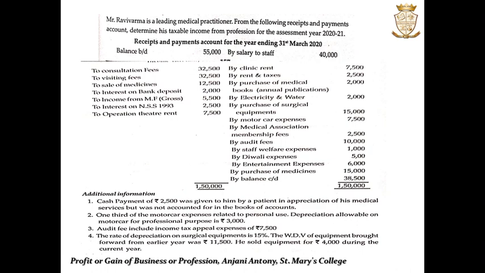Here purchase of surgical equipment has taken place and it is for 15,000 rupees, and in adjustment fourth point says that surgical equipment's depreciation is 15% and brought down value was 11,500, which means at the opening of that year there were 11,500 rupees of surgical equipment, and they sold 4,000 during that year itself. So we need to deduct 4,000 from 11,500, and we need to add the purchase amount of surgical equipments, that is 15,000 rupees.